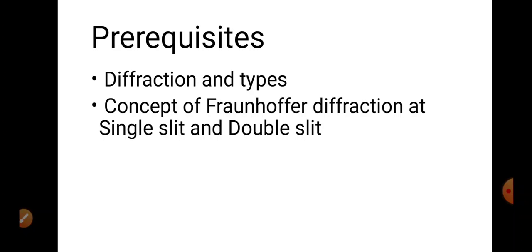In order to distinguish, we need to focus on the source and screen. In Fresnel diffraction, the source and screen are near to each other. But in Fraunhofer diffraction, the source and the screen are very far from each other. This is the main difference.